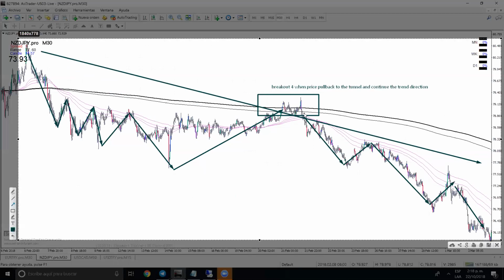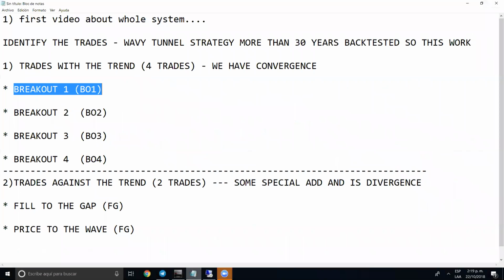Okay. We can trade breakout one. We can trade breakout two and three when the price goes to the wave, and breakout four when the price pulls back to the tunnel. Okay, these are trades with the trend.